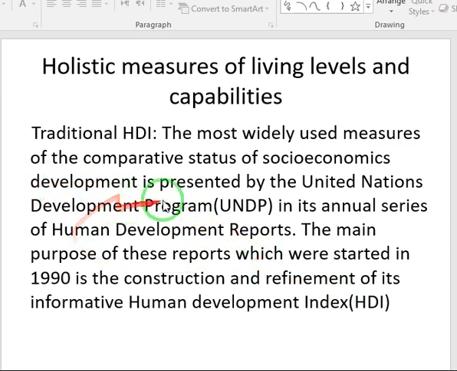So HDI is a technique, a tool which was used by the UNDP in its human development reports in order to measure the income, education, and health of the human beings of different countries.